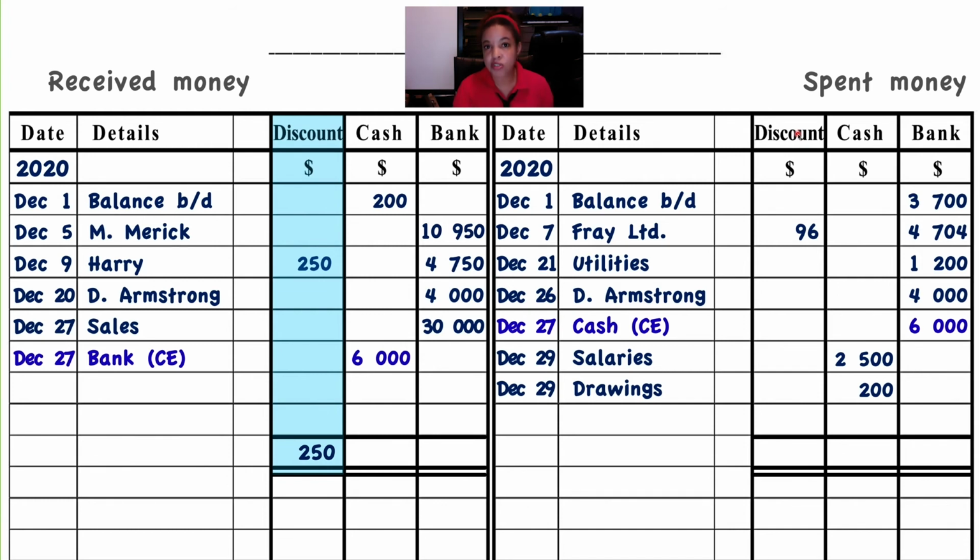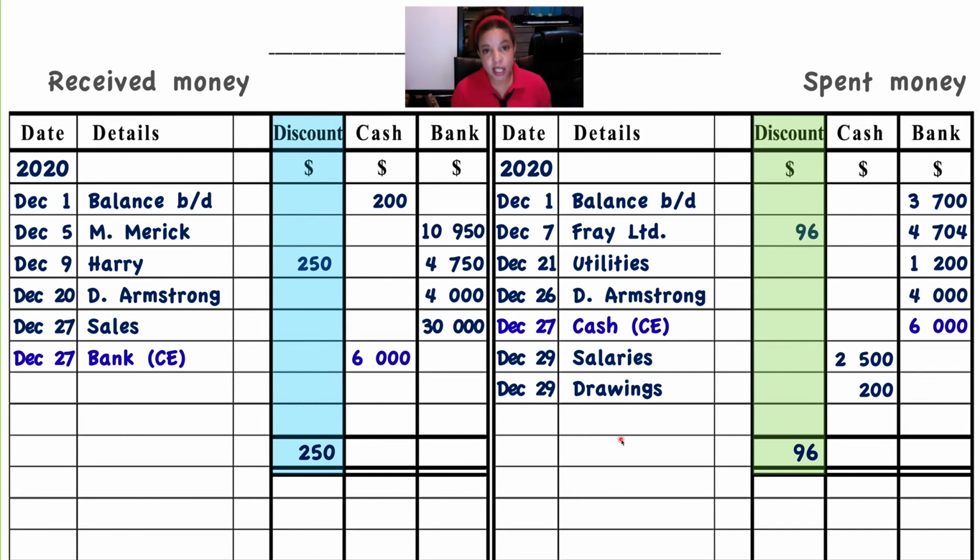It is discounts received. So how much discounts did we receive? Total of 96. So we are going to put 96 here. This is the only totals that will be different because they represent two different accounts, discount allowed and discount received.